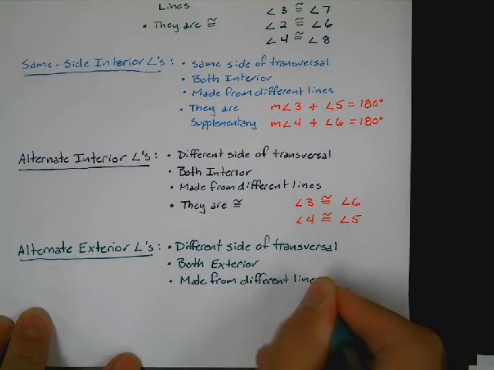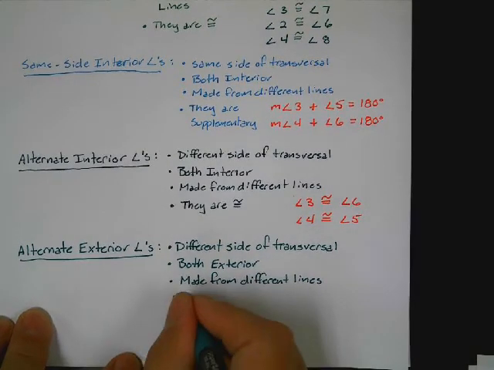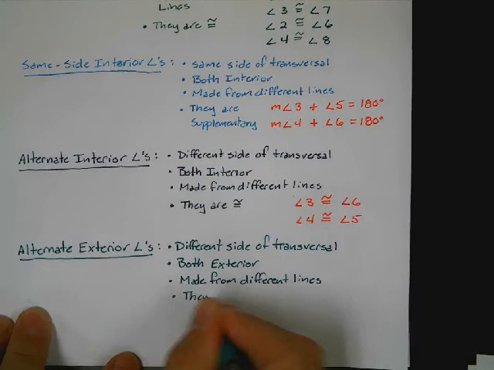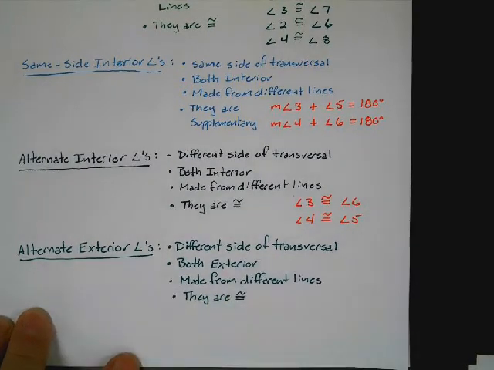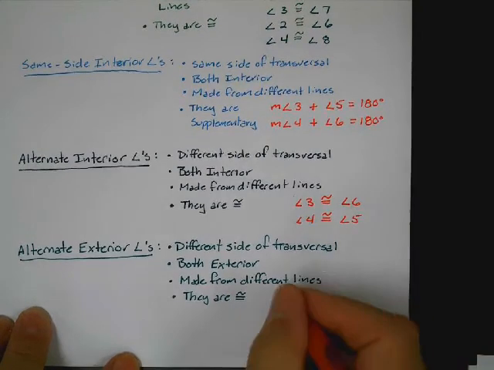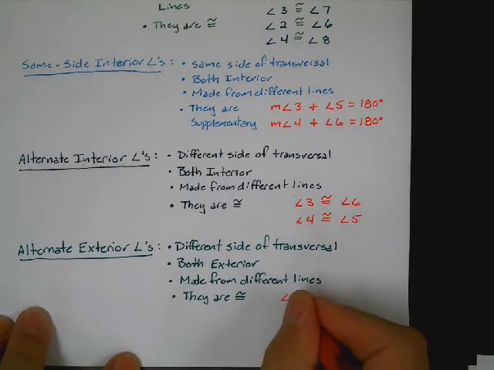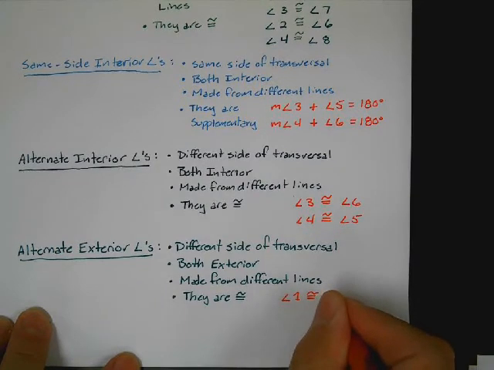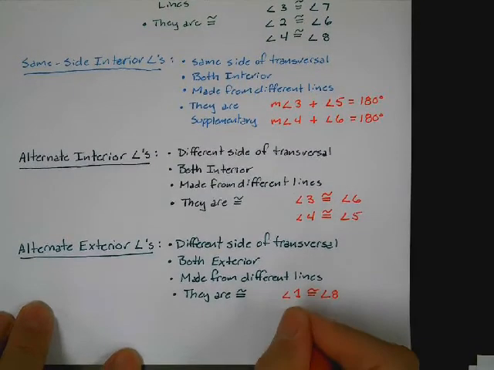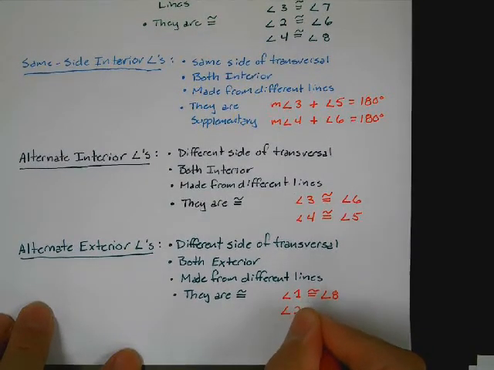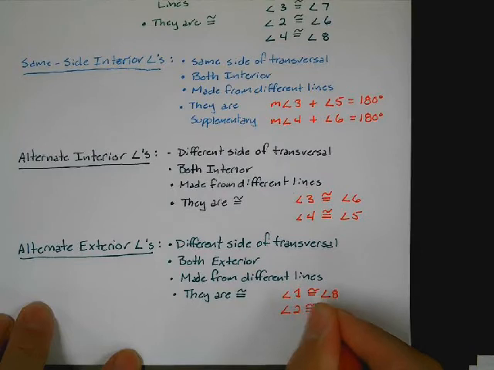And finally, these ones are also congruent. So our alternate exterior angles were angle 1 and angle 8. So angle 1 has to be congruent to angle 8. And we know that angle 2 and angle 7 are alternate exteriors. So angle 2 has to be congruent to angle 7.